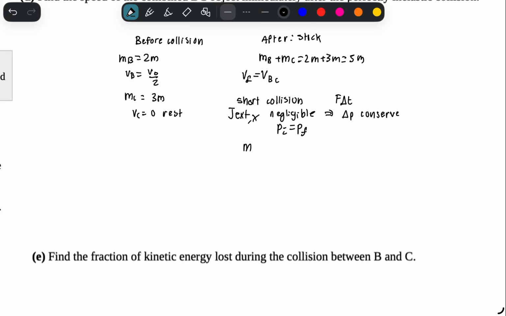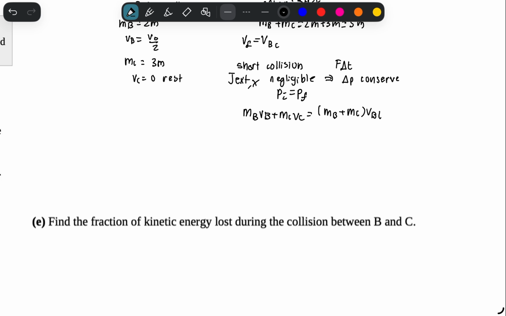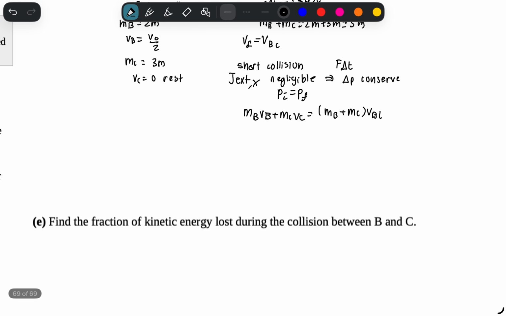Initially, we have MB VB plus MC VC. Finally, we have MB plus MC times VBC. So we can substitute in.